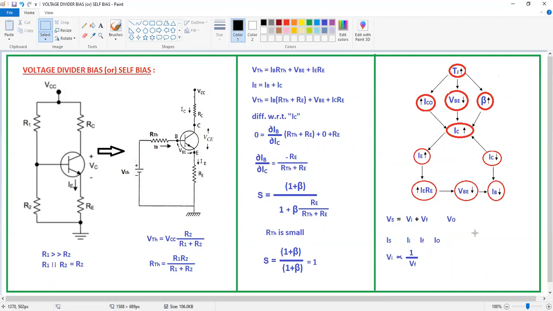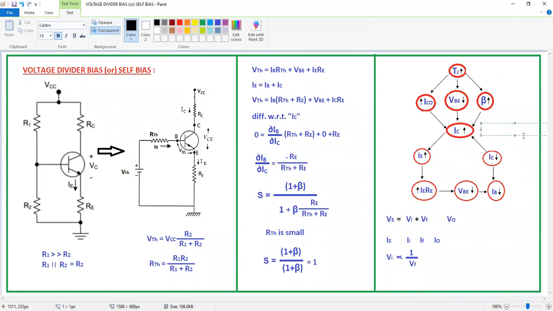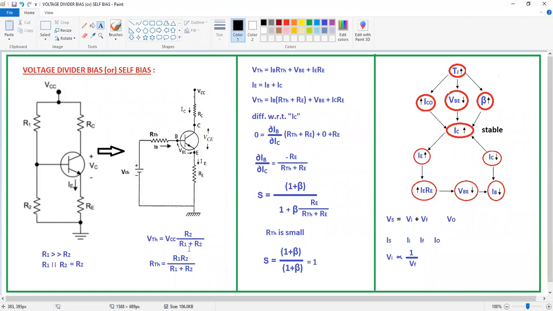That means the quiescent point is stable. Because of the feedback element circuit, the quiescent point is stable in the case of voltage divider bias for a long duration.